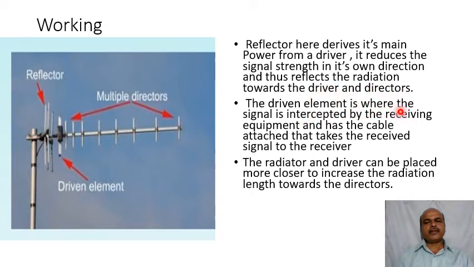The driven element is where the signal is intercepted by the receiving equipment and has the cable attached that takes the received signal to the receiver. So we receive the signal through this driven element, and the cable is attached as shown in this figure. The reflector and driver can be placed closer to increase the radiation towards the directors.